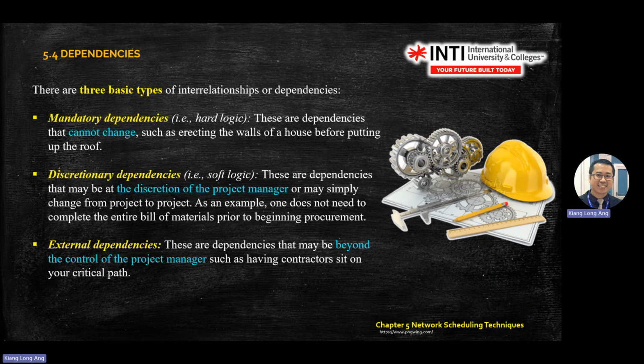For example, you need to set up the wall before you put the roof when you build a house. Discretionary dependency is soft logic. It is based on the wisdom of the project manager, like you can play around with which one can go first. External dependency is beyond the control of the project manager.